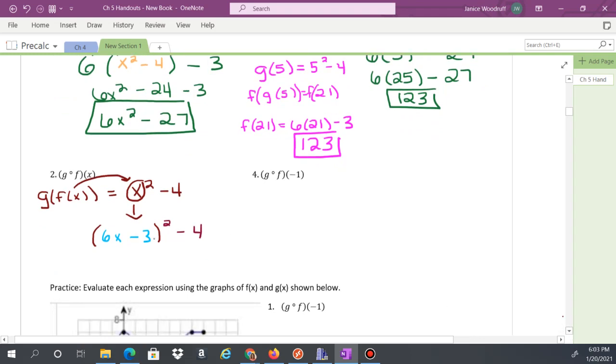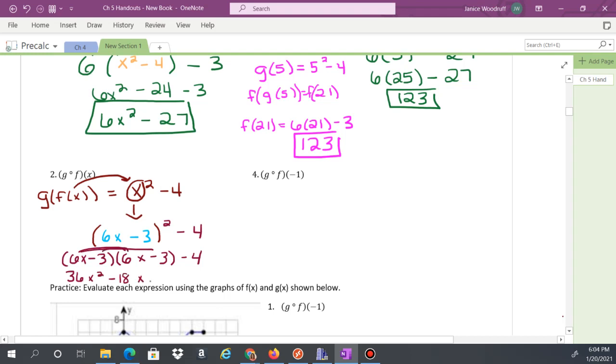Then I'm going to take that and work that out. So I'm going to do 6x minus 3 squared, so times itself, and then I'm going to subtract 4. So let's see, 6x times 6x will give us 36x squared. 6x times -3, negative 18x.